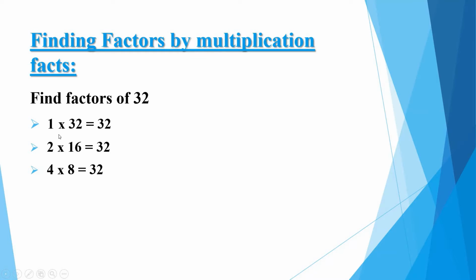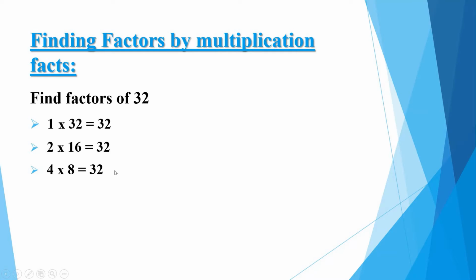32 comes in the times table of 1. 1 multiplied by 32 is equal to 32. 32 comes in the times table of 2. 2 multiplied by 16 is equal to 32. 32 comes in the times table of 4. 4 multiplied by 8 is equal to 32.